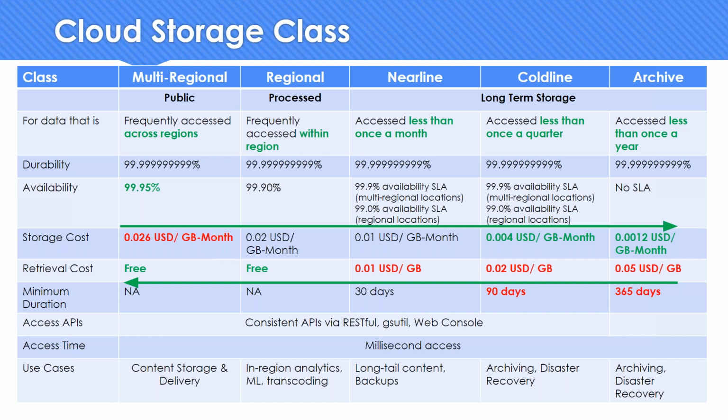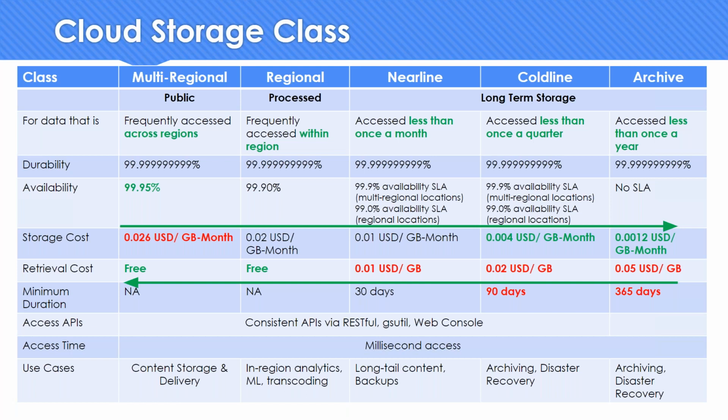But if you have a 1 GB file stored in nearline, archive, or coldline, every time you retrieve it, you'll be charged 1 cent, 2 cent, or 5 cent based on which storage class you are going to download from. So that's an important thing to note. If you are going to view this data or object very frequently, better keep it in regional or multi-regional. Otherwise your retrieval cost is going to be very high, because this is charged every time. We had stopped at this stage last week.